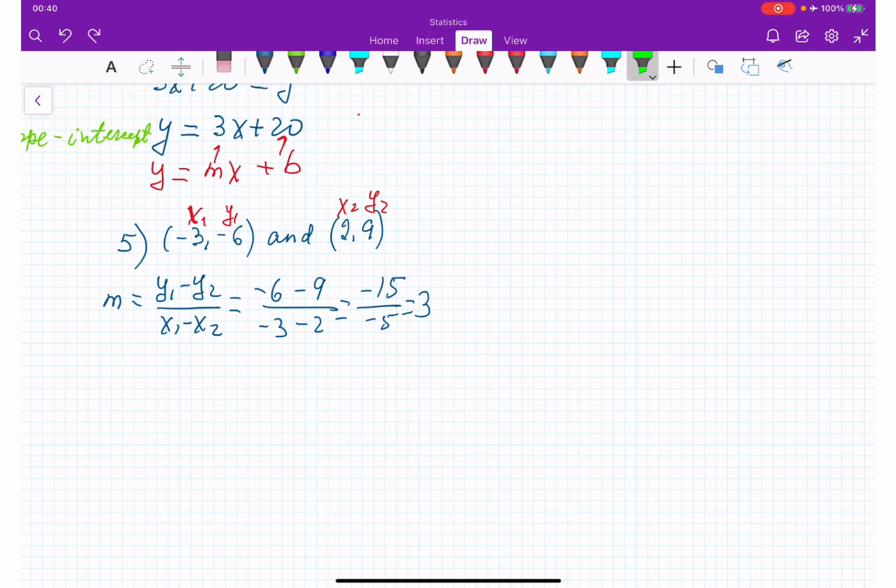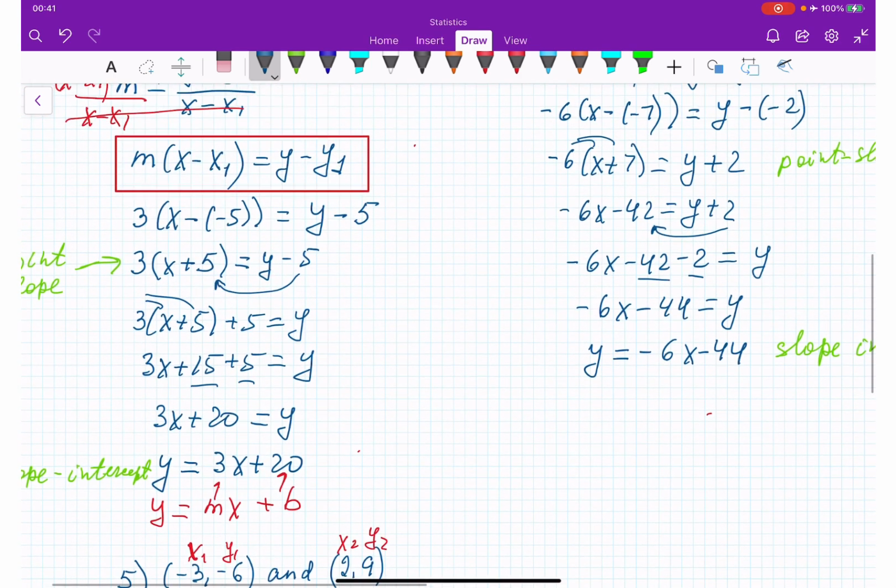So since working with positive numbers is more pleasant, I'm choosing to work with x2 and y2. Okay? So therefore, I am using the format m times x minus x2 equal y minus y2.